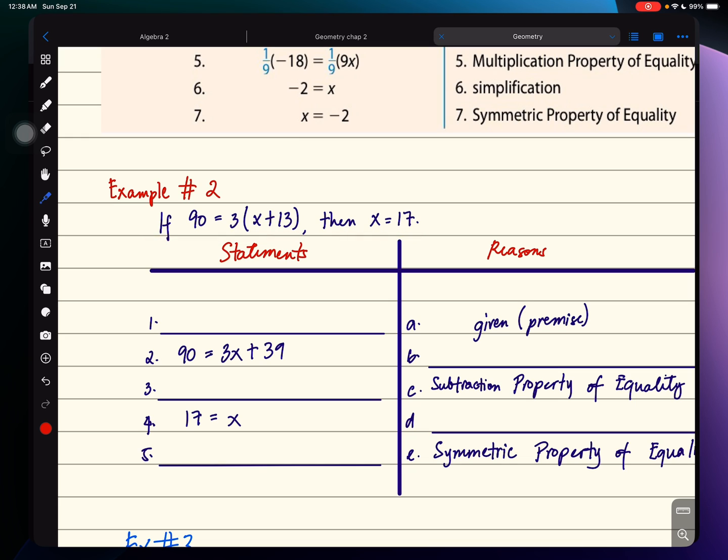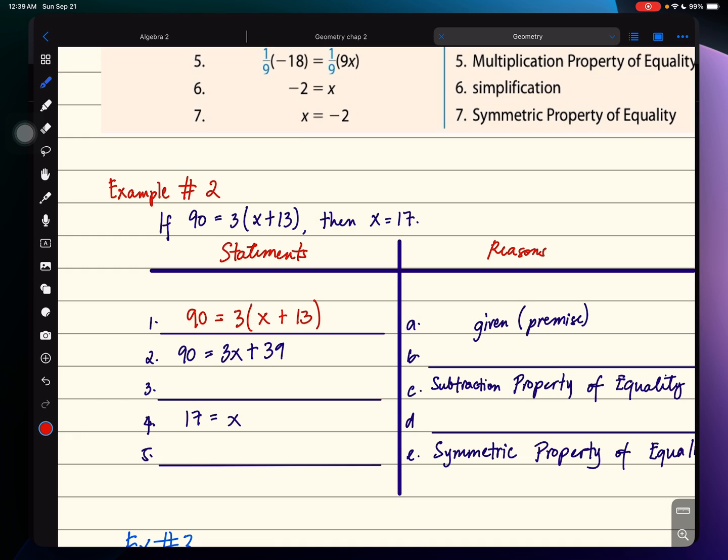In this statement, the hypothesis is this one, and the conclusion is this one. The hypothesis is also known as given or premise. Because the reason here is stated as given, you have to write the given. So that is 90 equals 3 multiplied to the quantity of x plus 13.